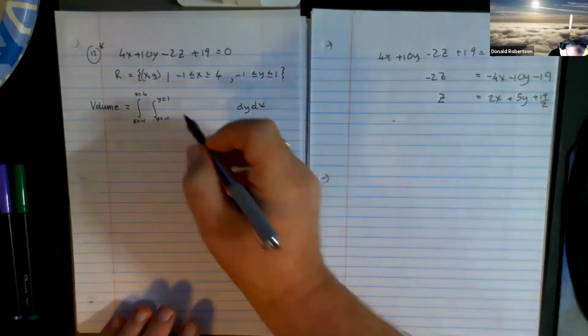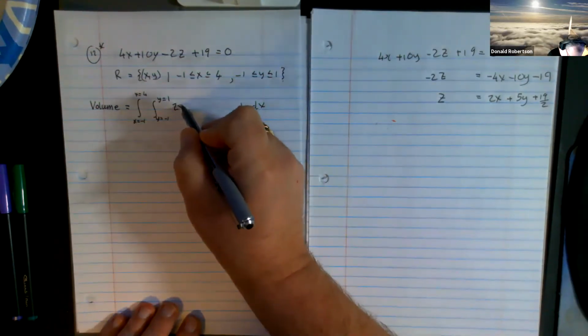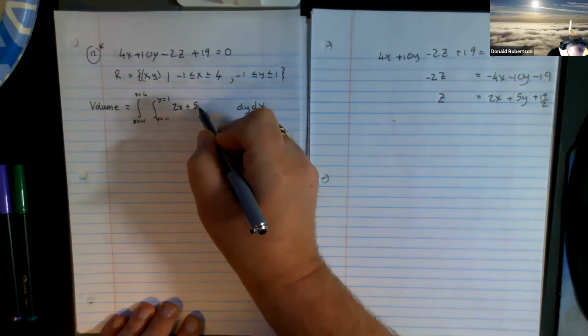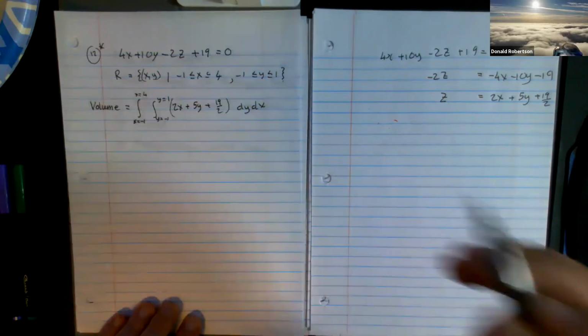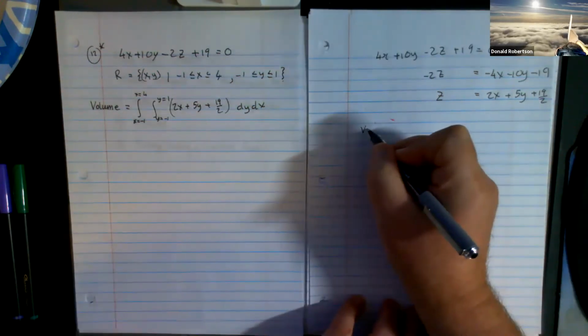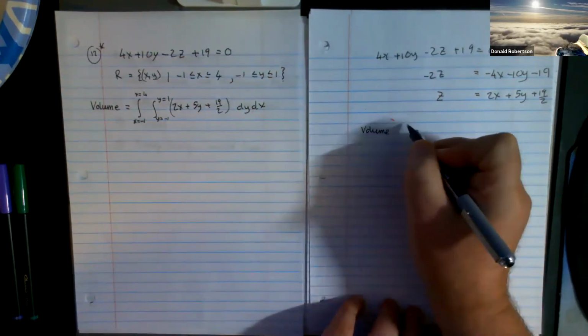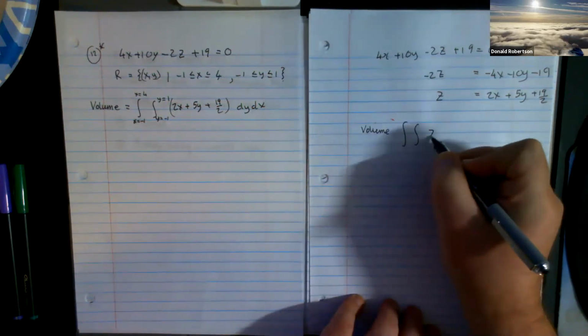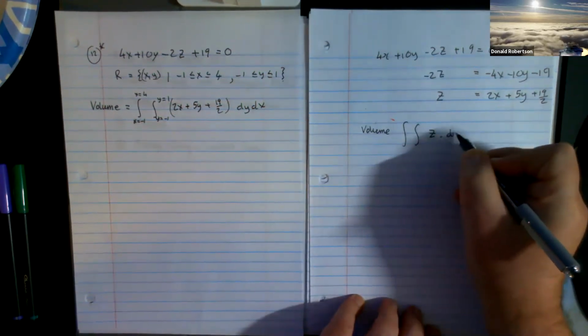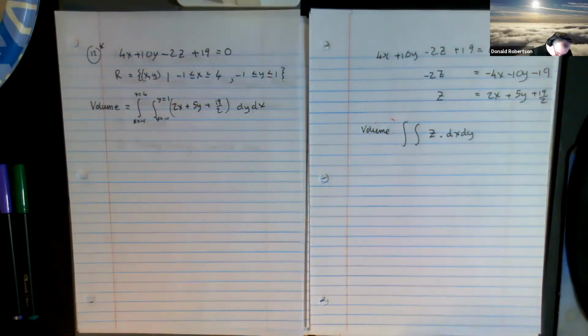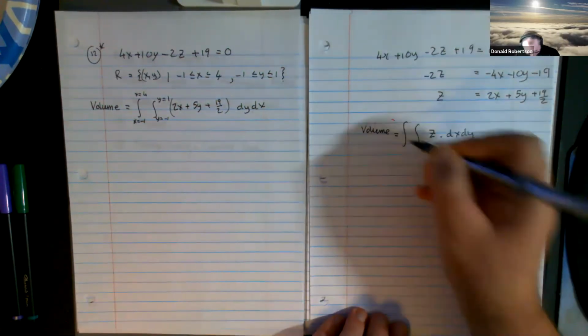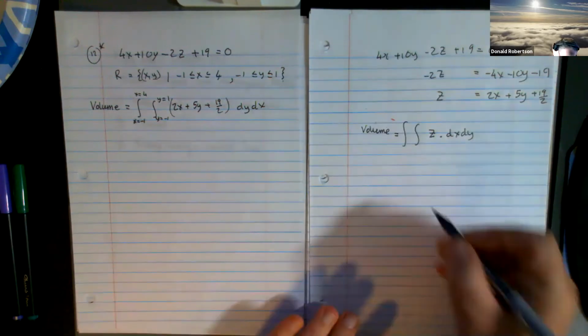That guy is him. So if you're ever trying to find the volume of a shape, it's a double integral of z, whatever you want, dx dy, or dy dx. That's the generic formula for finding all volumes. So in this case, it came out like that.